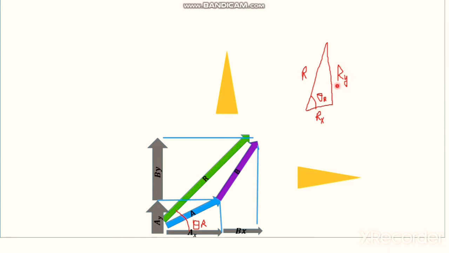So RY is the resultant y component and R is the resultant of vector A and vector B. The resultant angle will be theta R. Theta R will be the sum of angle theta A and theta B, where theta A is the angle by vector A and theta B is the angle by vector B along x-axis.